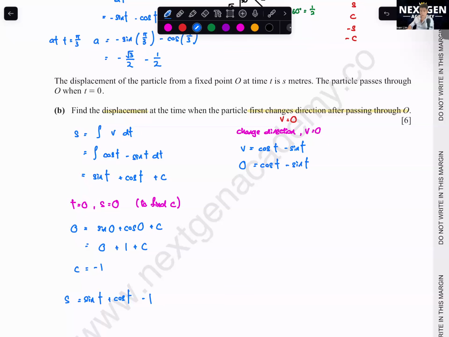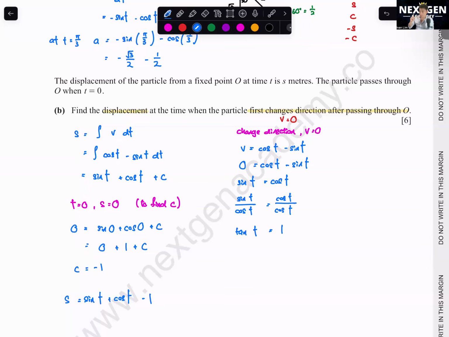How do we solve for cos and sine? We can think about tangent. Sine t equals cos t. Divide both sides by cos t. Here will be sine t over cos t, which is tangent t equals 1.